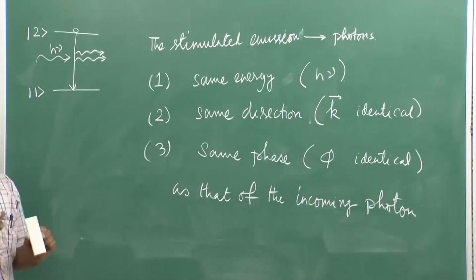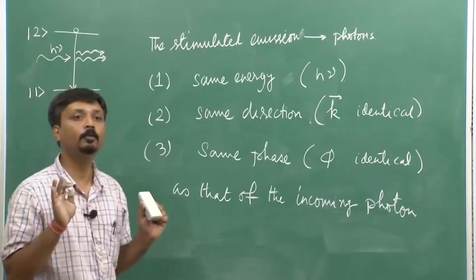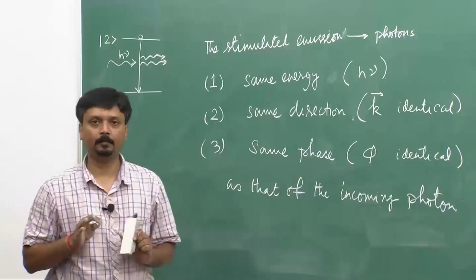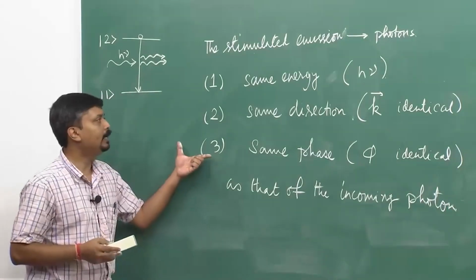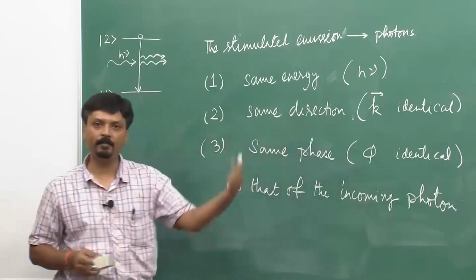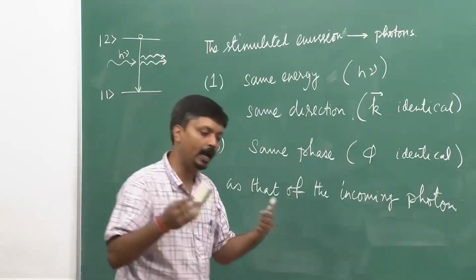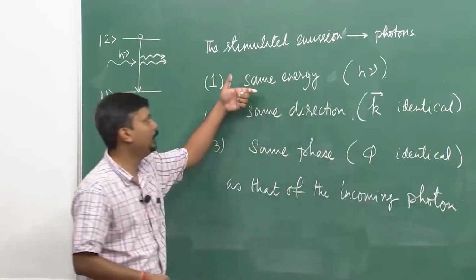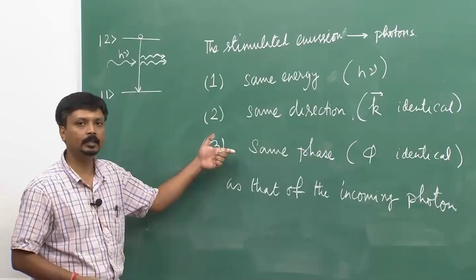So, same energy, same direction and same phase as that of the incoming photon. Now, these are a set of very wonderful properties, right. These properties are of our interest because if I can use the stimulated emission with these properties and amplify it, then we get a source of light which has very high energy.